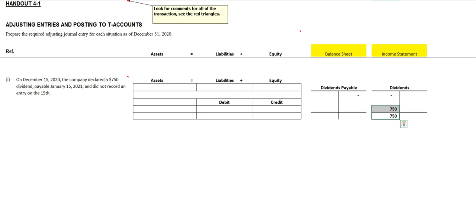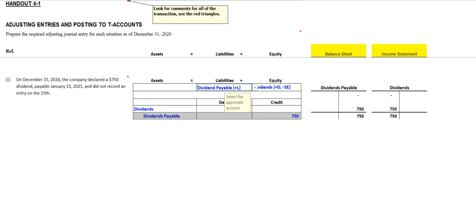Our dividends, recall, will do what? They reduce retained earnings, and we've got our liability. So in terms of our accounting equation, we debit dividends, which will reduce retained earnings and decrease equity, and we record our dividends payable with a credit, which will increase our liabilities, and our accounting equation will balance.